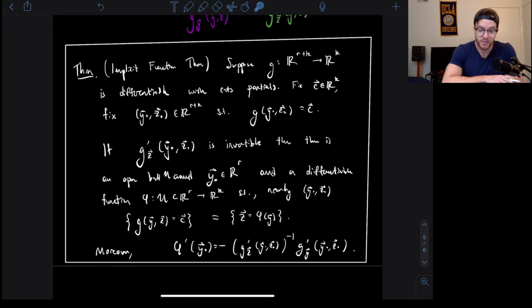If you think about our circle example that we started with, y squared plus z squared equals 1, let's suppose that we were at a point where we can solve for z as a function of y. In that case, you can actually do the algebra: move the y squared over, take the square root. It's not hard.